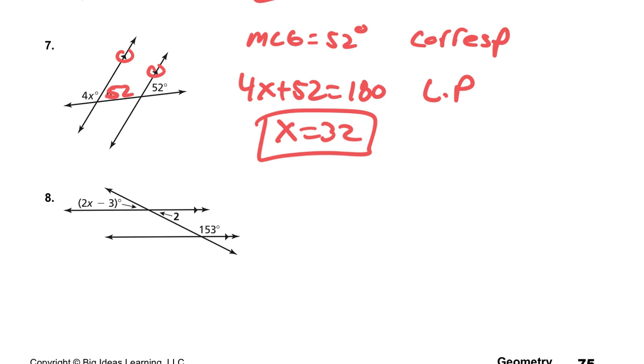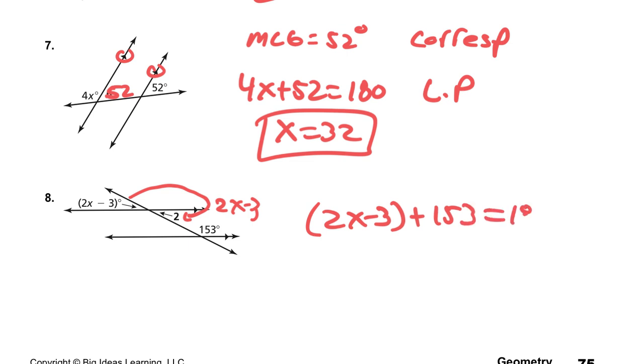Now, with number 8, I can find the measure of angle 2, because of 2x minus 3. I can look at the measure of angle 2, and that's also going to be 2x minus 3 because they're vertical angles. And then I can say 2x minus 3, that angle, plus 153 degrees equals 180 because these are consecutive interior angles.